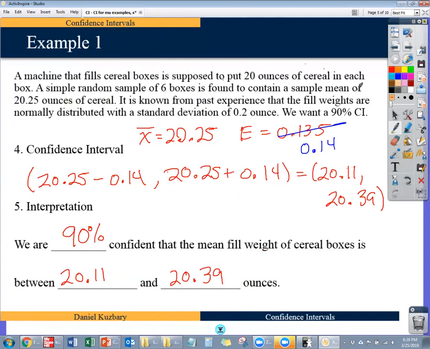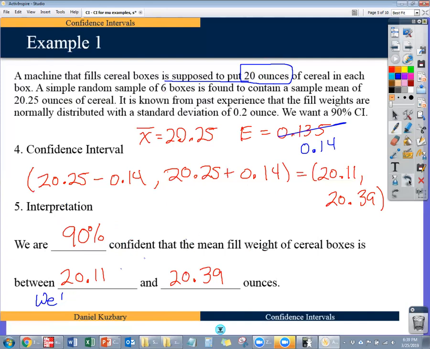Now, in context, we're checking to see if the cereal box machine is doing what it's supposed to do. It's supposed to put out 20 ounces of cereal each time, and I'm 90% sure that it's putting out between this much and this much cereal each time. So in other words, it's putting out a little bit more than 20 ounces.